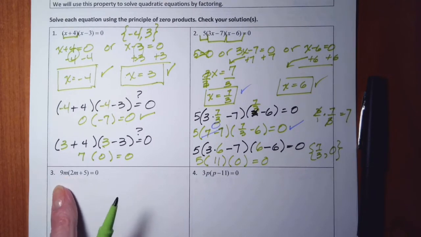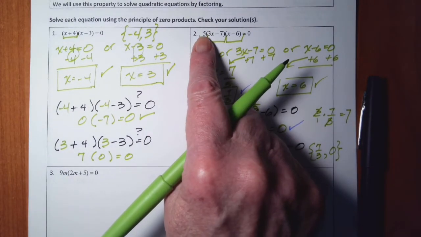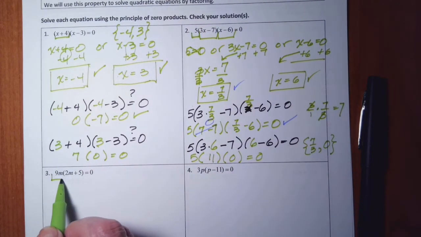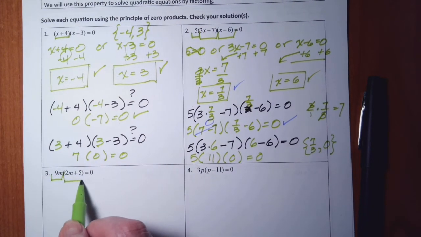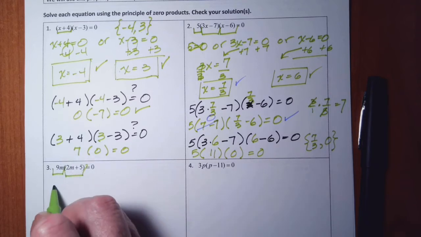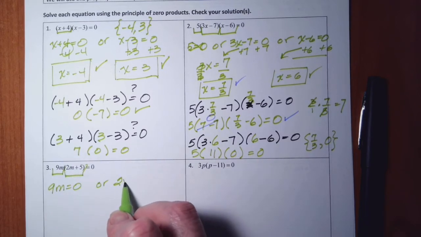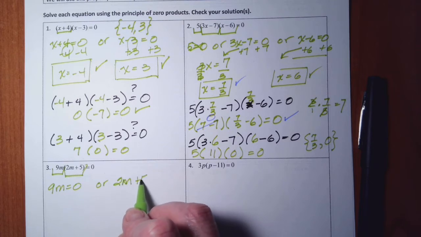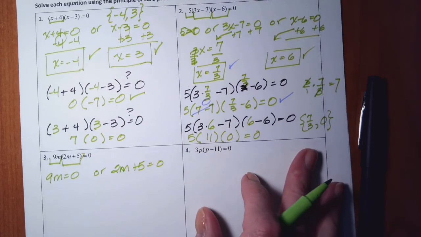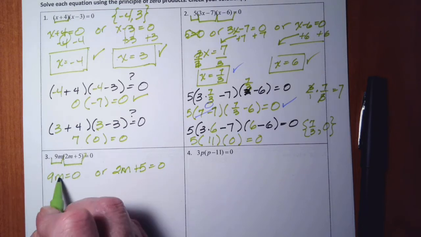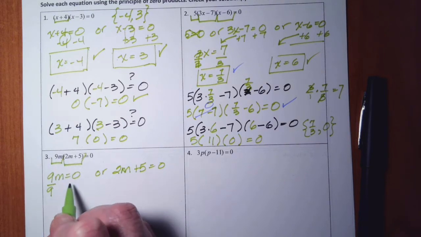Now notice the difference here. This factor did not have an x with it. This one does. So I have to set this factor equal to 0 and this factor equal to 0. So 9m equals 0, or 2m plus 5 is equal to 0. Well, if 9m is equal to 0, to undo the multiplication, I divide.